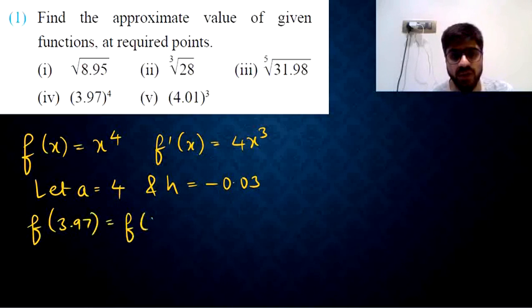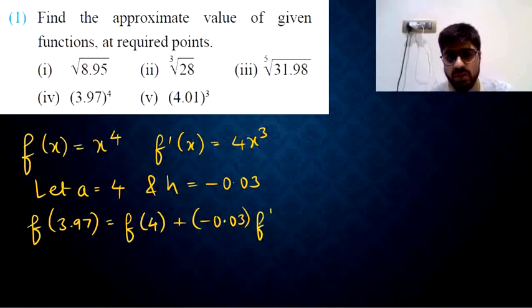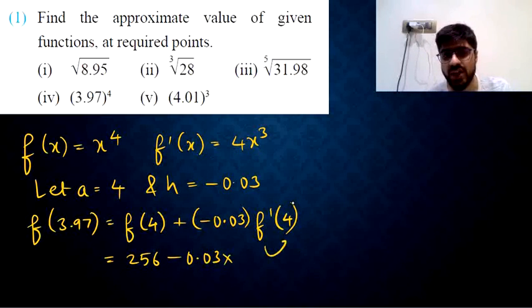That should be equal to f of 4 plus h, which is minus 0.03, into f dash 4. So f of 4 will be 4 power 4. 4 power 4 is 4 square into 4 square, that's 16 square, which is 256, minus 0.03 multiplied by f dash 4.